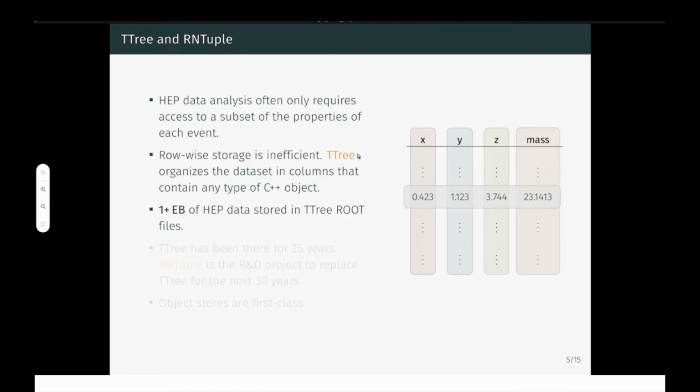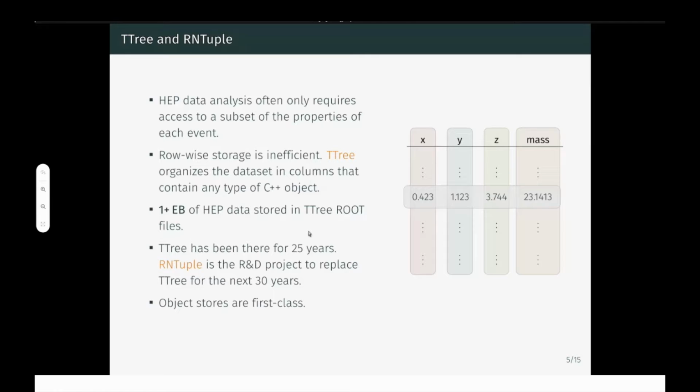Therefore, we have a TTree that organizes the dataset in columns that can contain any type of C++ object. That way, a number of instances of the same column of the same data are stored together. Currently, there is more than 1 exabyte of high-energy physics data stored in TTree ROOT files.